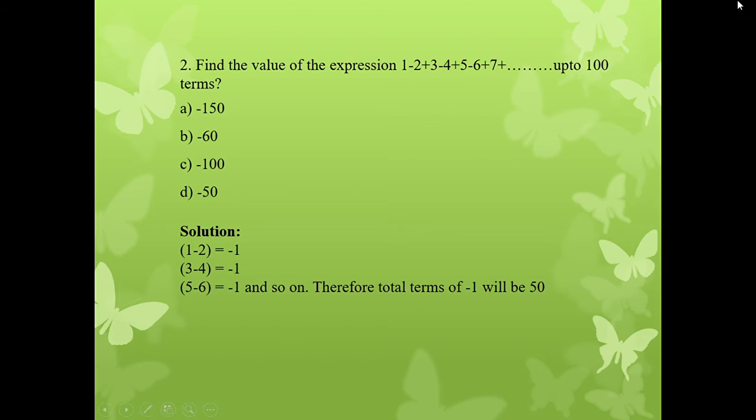In the given series, if you do the subtraction 1 minus 2, you will get minus 1, 3 minus 4, you will get minus 1, 5 minus 6, again you will get minus 1 and so on. Therefore, the total terms of minus 1 will be 50 up to 100 terms. Therefore, minus 1 into 50 will get minus 50. So, the right answer is option D, minus 50.